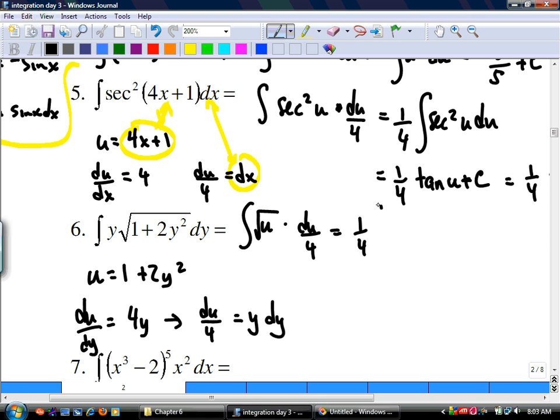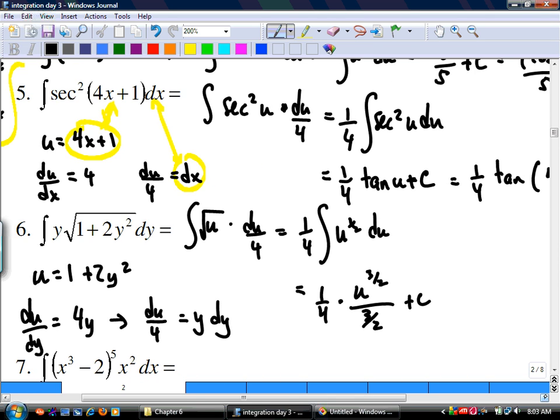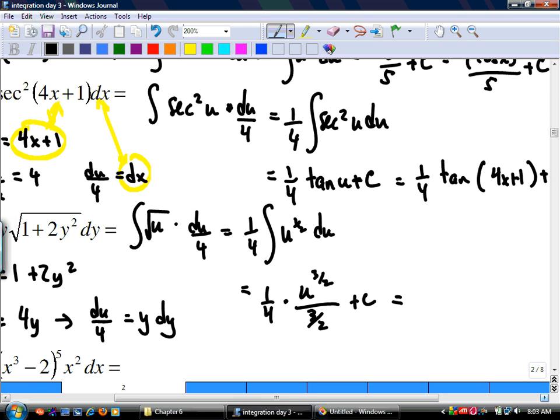Bring the 1 over 4 out, u to the half. Add 1, 3 over 2, divide by the result, 3 over 2 plus c. Now make it look reasonably presentable.